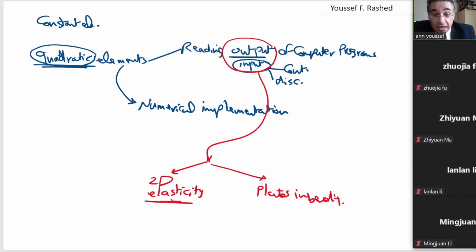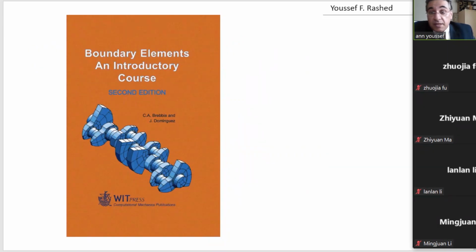In elasticity, I'm going to use the programs in this book, which is a boundary element introductory course by Carlos Brebia and Jose Domingos. This is one of the early books in boundary elements. I'm going to use these programs for elasticity.